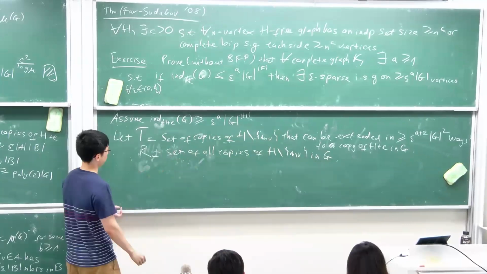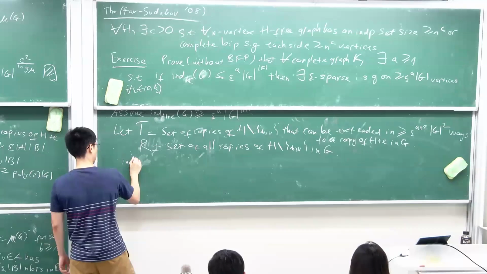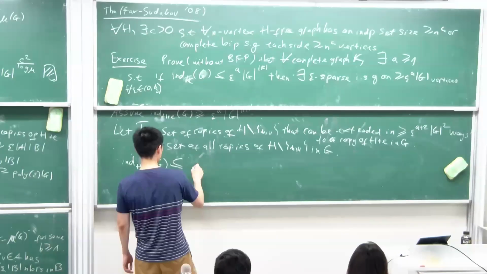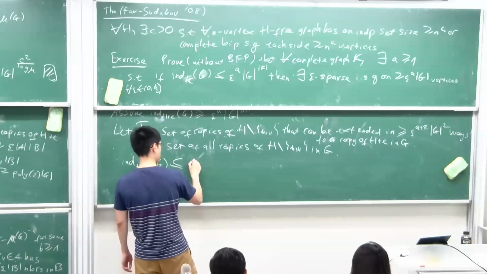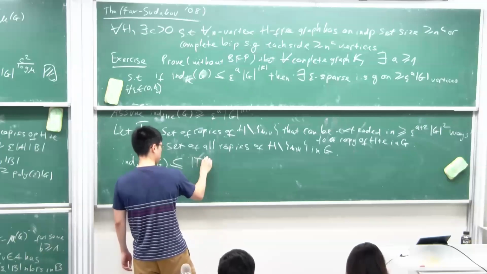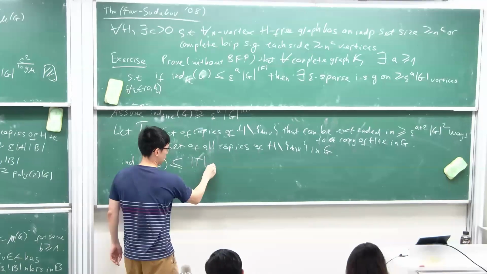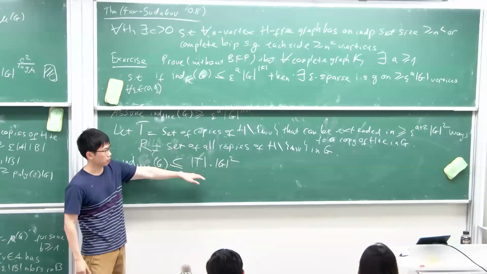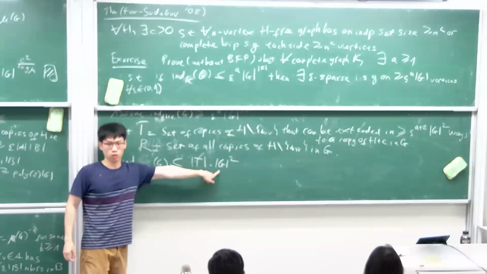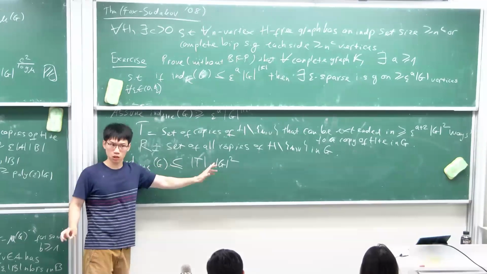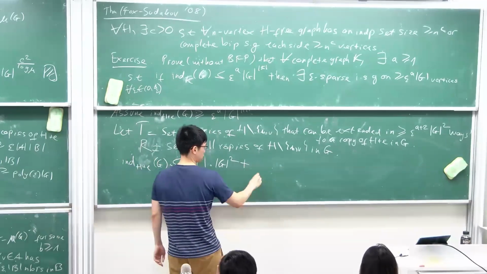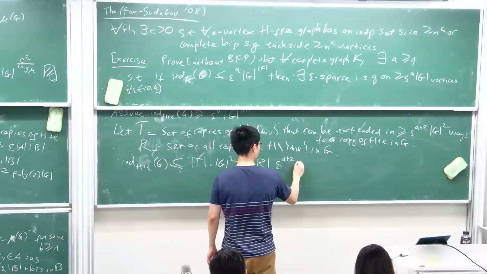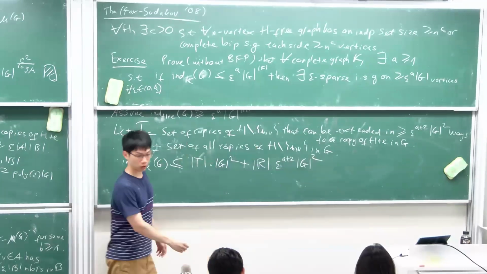So what do I have? The number of copies of H plus E in G is going to be at most, first of all, T times G squared, because every copy of H minus UV can be extended in at most G squared ways to a full copy of H plus E, plus R times epsilon to the A plus 2 times G squared.